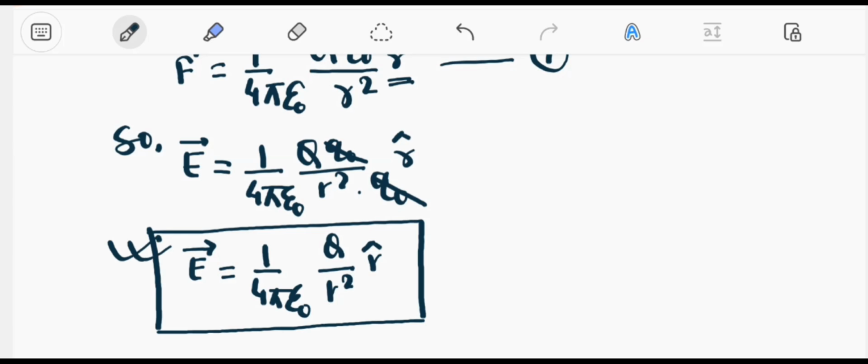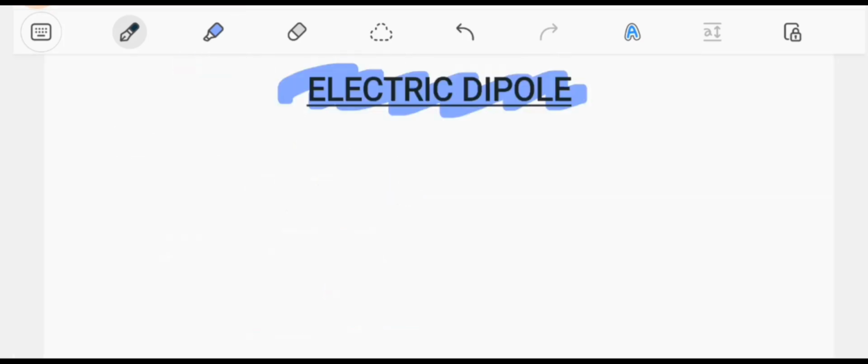Now let's move to the next topic, that is the electric dipole. So what does electric dipole mean? Di means two, and we have two poles, therefore we will be having two charges. Two poles means two opposite charges.